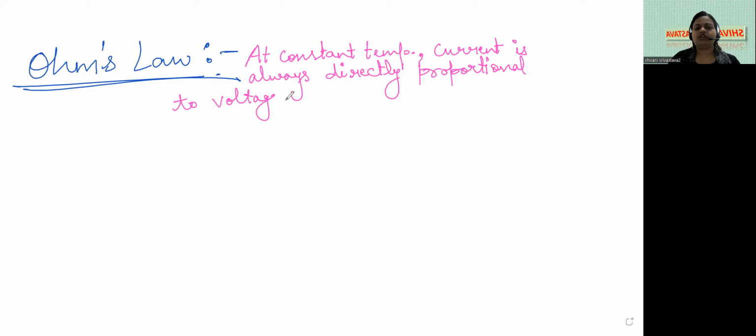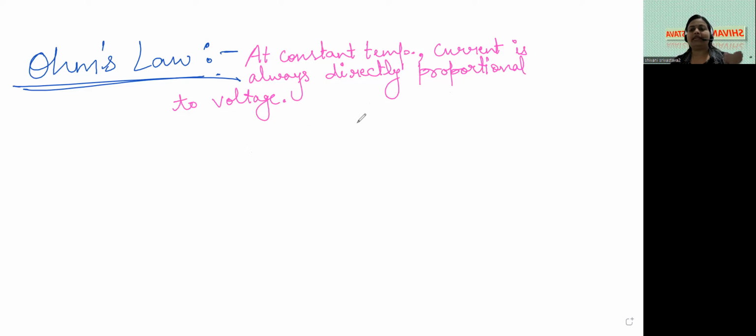Or you can say voltage is always directly proportional to current. Whatever you want, you can say. So at constant temperature, current is always directly proportional to the voltage. I thought this statement is more correct, that's why I am writing this. But in some books, you will get it like voltage is always directly proportional to the current.